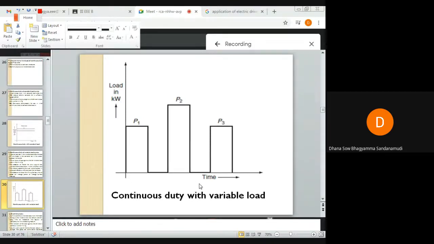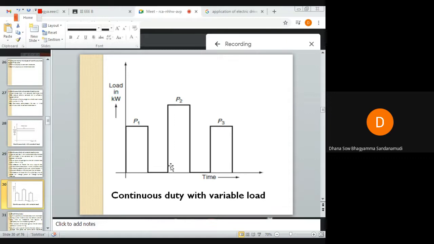The motors operating for such type of duties will have poor efficiency and poor power factor. So selection of motor for this type of duty may be based on average power or average current method.